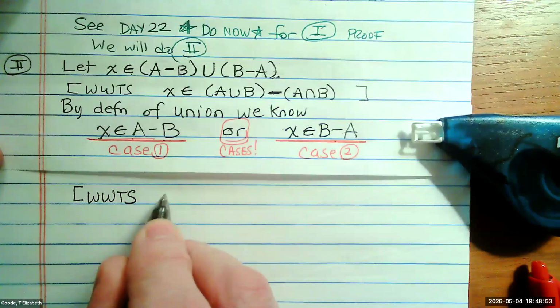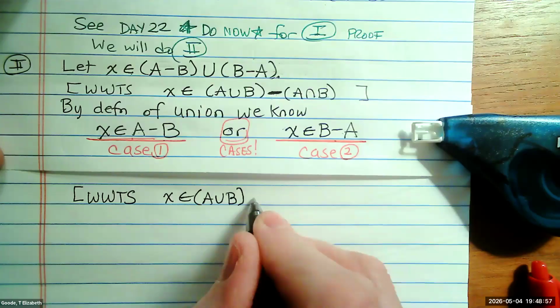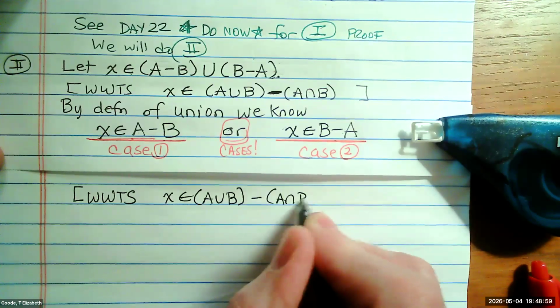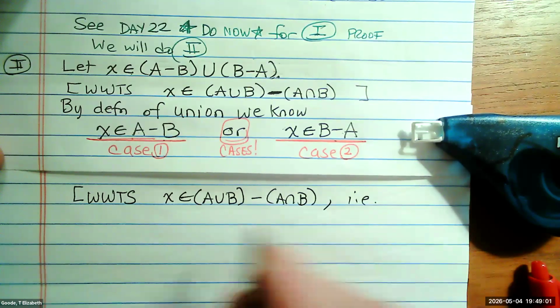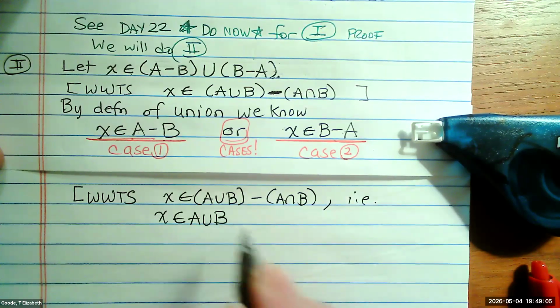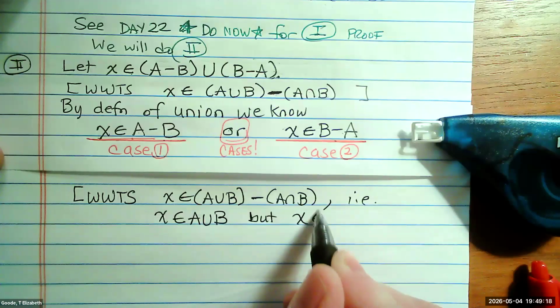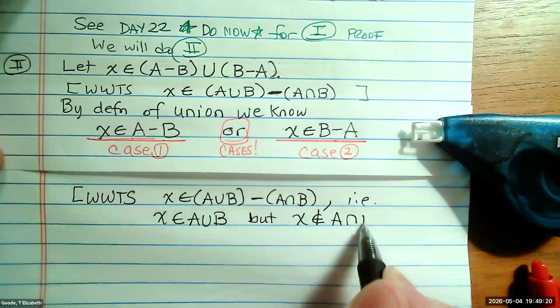We wish to show X is in A union B minus A intersect B, i.e., that X is an element of A union B. What's the definition of set difference? It's an element of A union B, but X is not an element of A intersect B. Perfect.